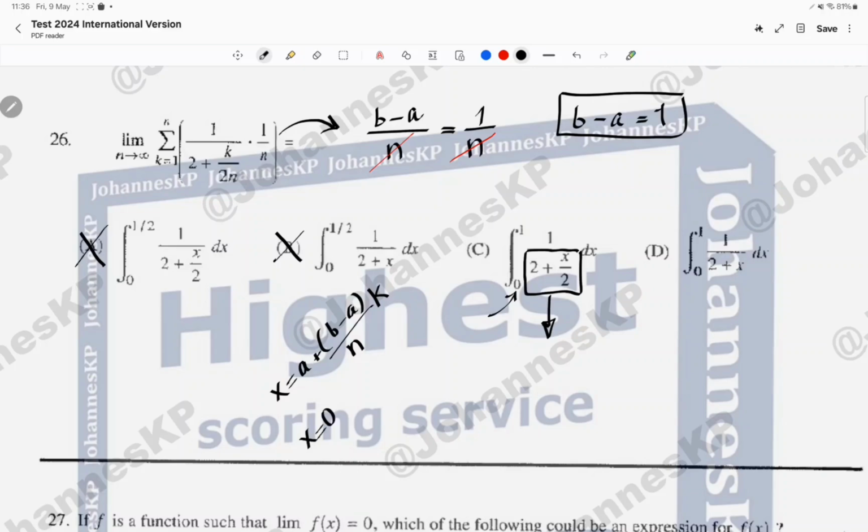So x is equal to 0 plus b minus a, which is already a 1, times k. So x is equal to k over n. But here we have k over n over 2. You know what that means? They're dividing our x by 2. And there is already a 2 in there. So it's going to be choice C. C.